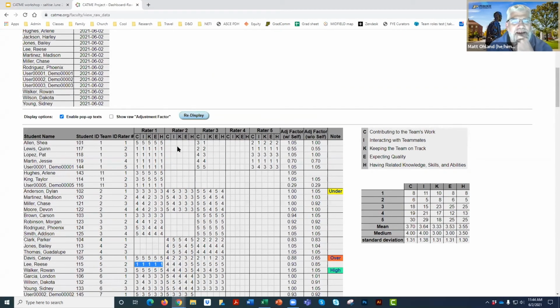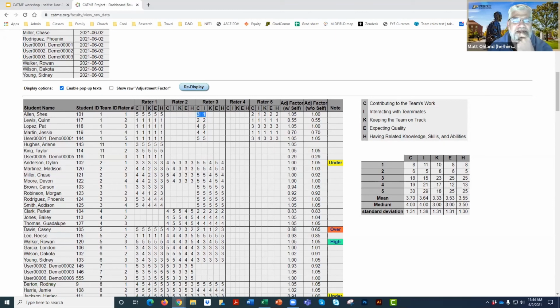We have a number of people who were incomplete here in this one. Interesting. Oh, you see, here's a partial set of data. This is what happens when a rater is only partway through the survey when the results are collected. So the first two criteria were evaluated, but not the others.